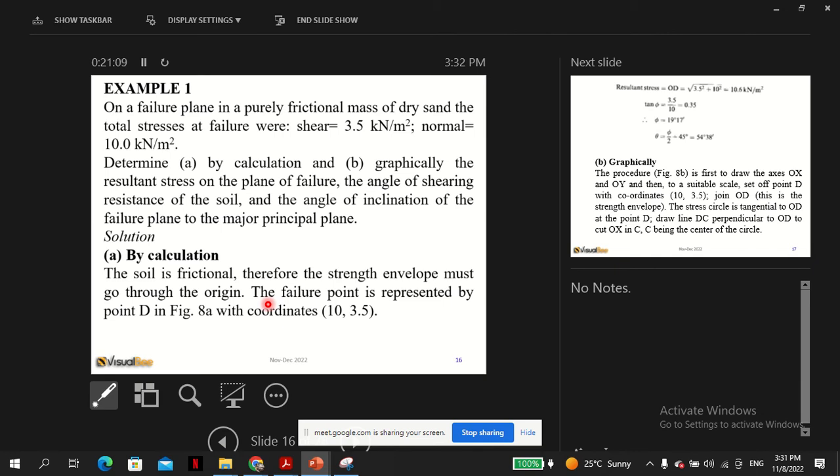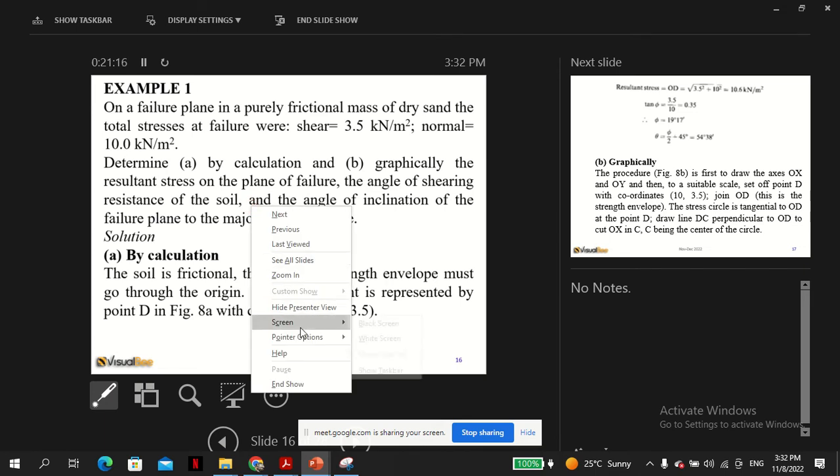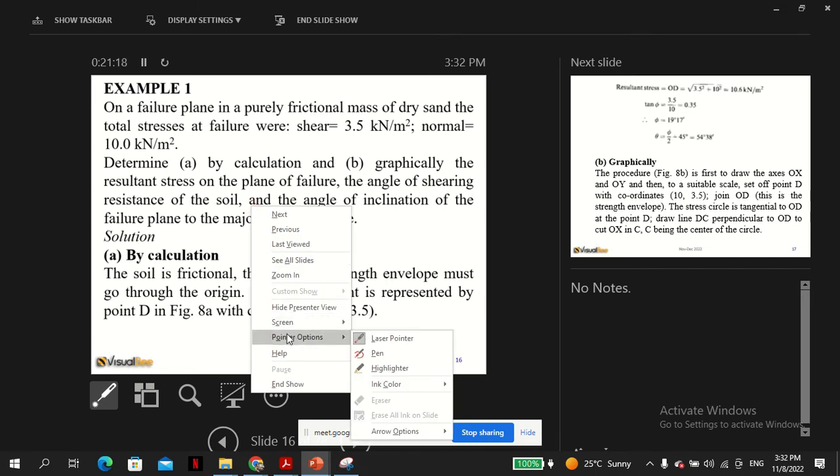So just to show you some calculation, how to use all this information that we have.